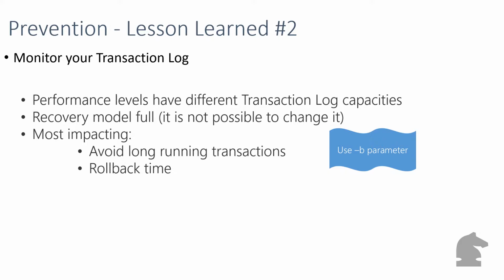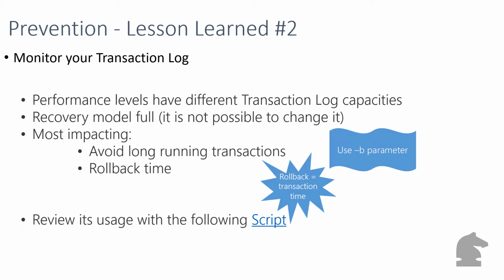For this reason, we are going to show you an example using the parameter -b that prevents this situation, because for a specific number of rows, the transaction will be committed against the database.